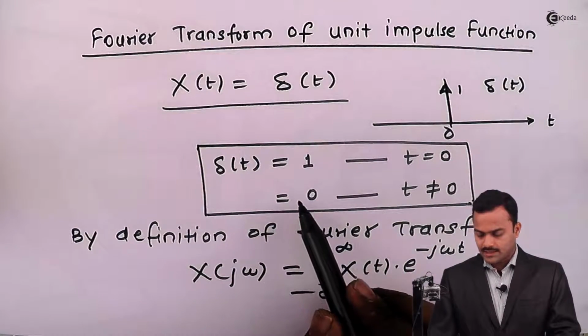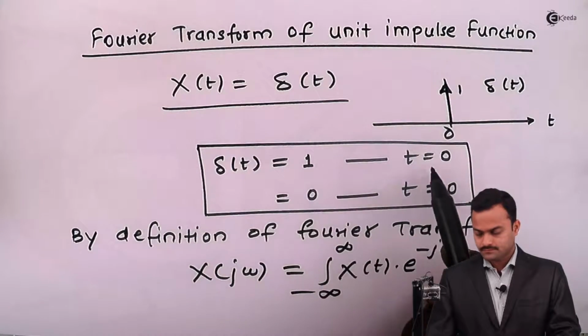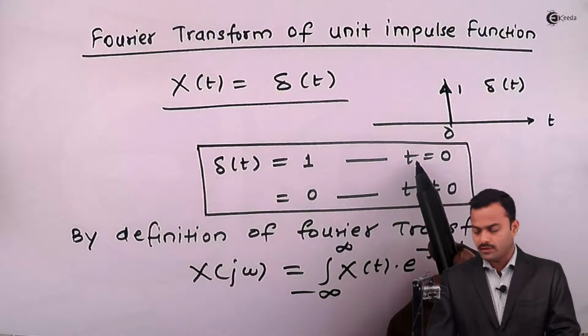Now the problem with using a delta function over here is that delta has a value 1 and that exists only for one particular value of t.